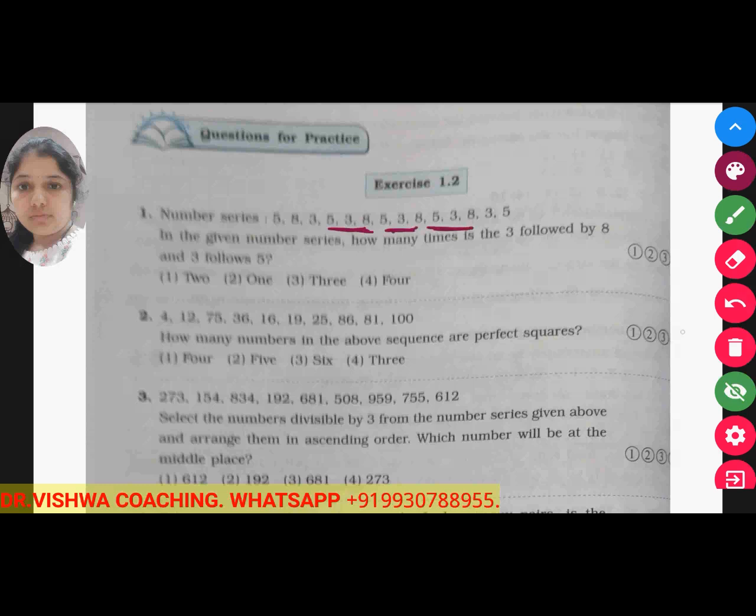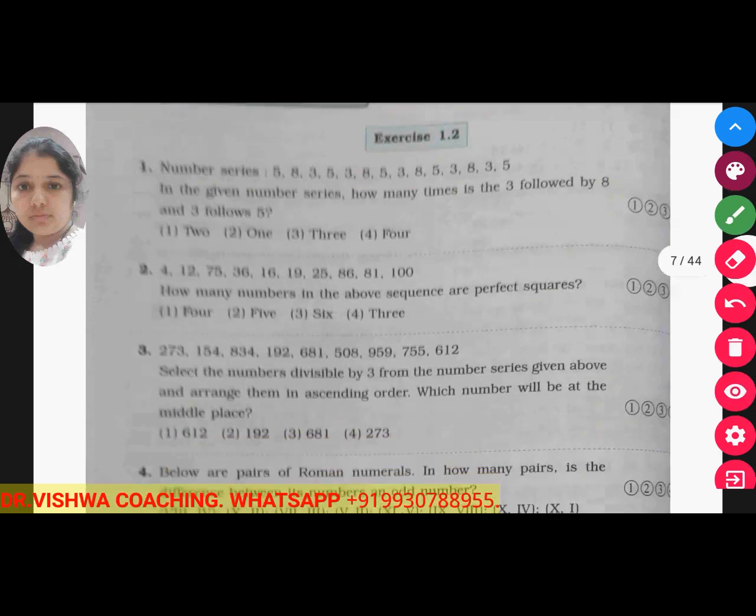Here there is a 5, 3, 8 pattern. So 3 times the 3 is followed by 8 and at the same time follows the 5. So your correct answer is 3 only.